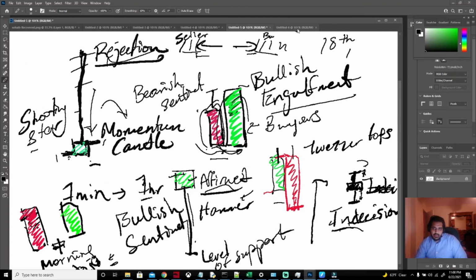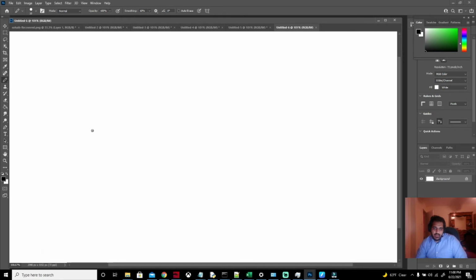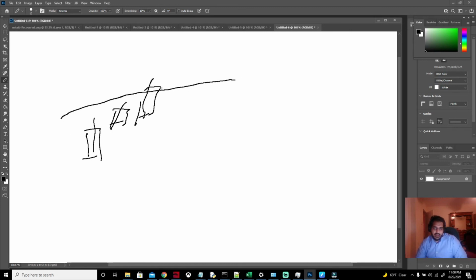Let's go into a new thing. You see a bunch of candles here. You see this is like the SMA. You see some sort of evening doji star over here that rejected the fair value and is going downwards now, and you can make a bullish or bearish sentiment.